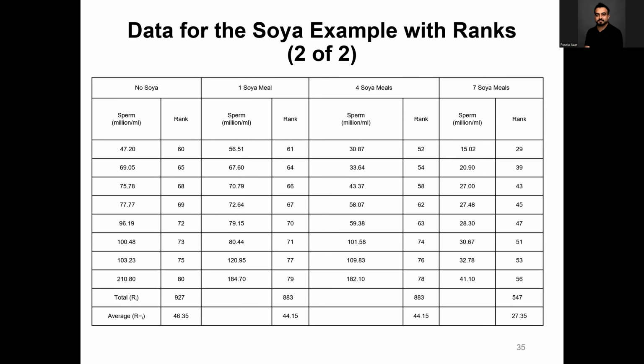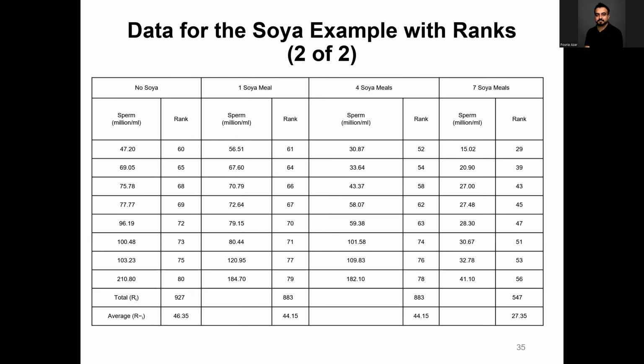So again, before running the Kruskal-Wallis test, I have to do some exploratory analysis in order to test my assumptions. And here it says the sperm count is not normally distributed, and homogeneity of variance is not met either.